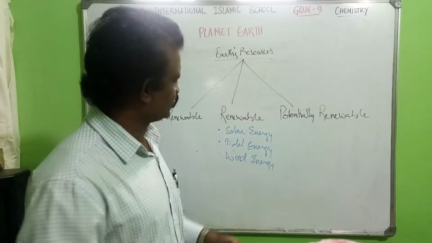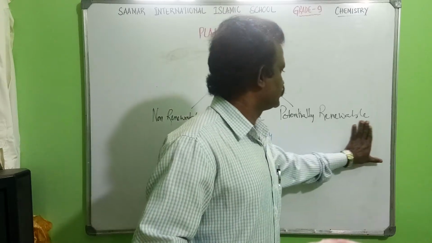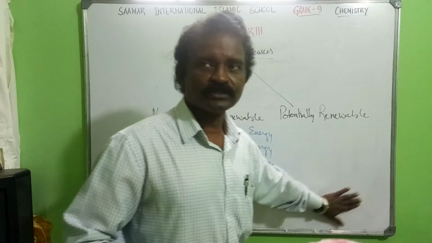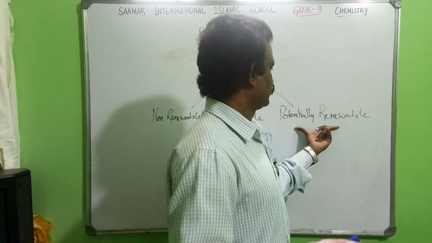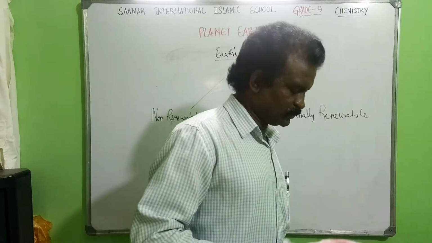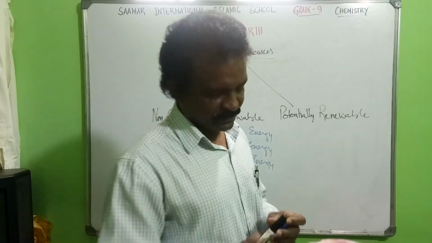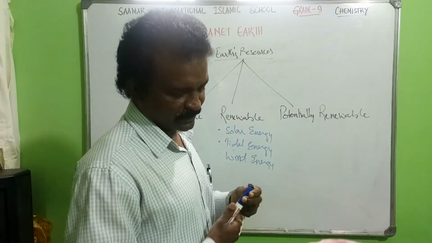Okay, next one is potentially renewable. That means this energy is available, but if you want to save it, we can save it, or if you are using it, you may lose it also. For example, I'll tell you what that is. Can be renewed, but will run out if we use them more quickly than they are renewed.